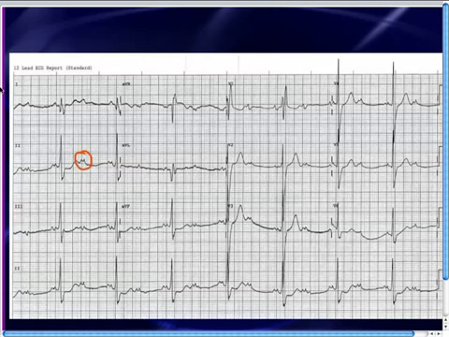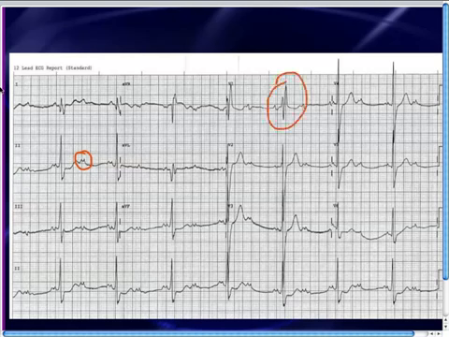And the bifid P wave, which is wide in lead 2, that implies that there's left atrial enlargement, and usually that's associated with mitral stenosis. So left atrial enlargement with mitral stenosis is present, probable mitral stenosis, I should say.